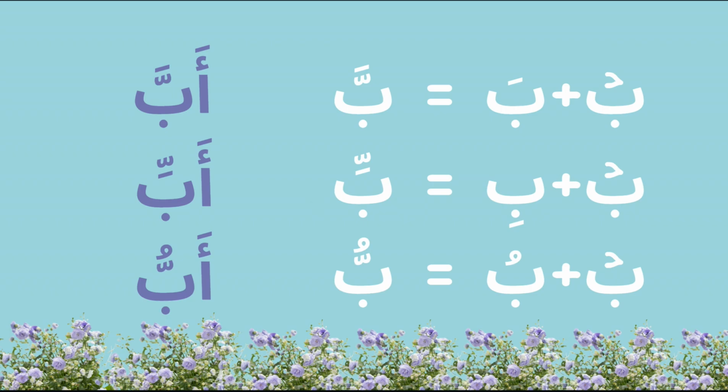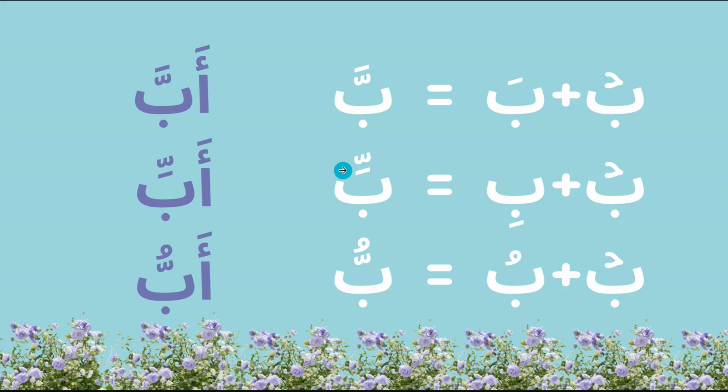Those two letters, this sukoon letter merged into the letter with a movement and became one letter, but in the pronunciation we do not pronounce it as one, we pronounce it as two, a sukoon and the moved letter. In this case, this is a sukoon ba plus a kasra ba.